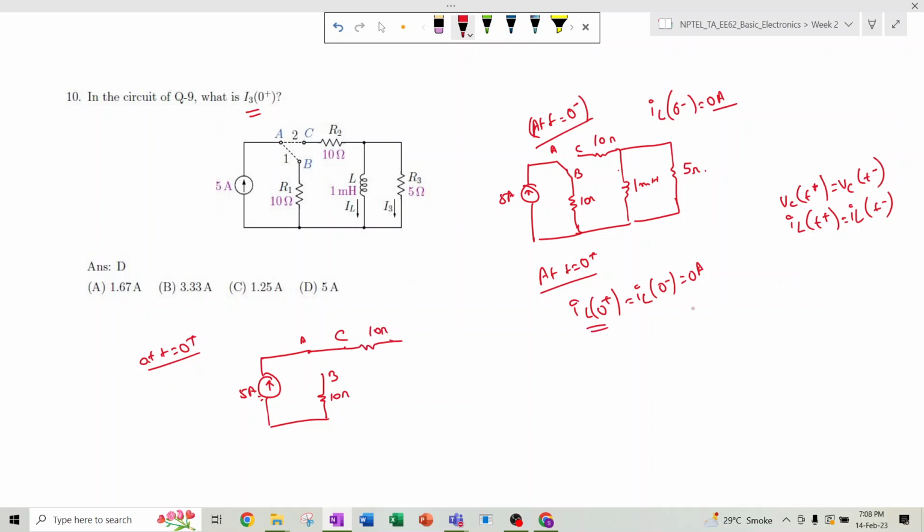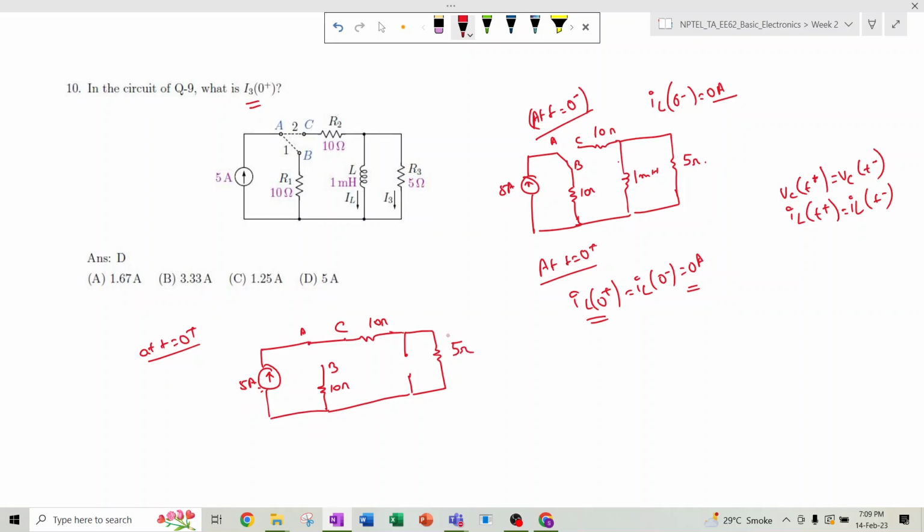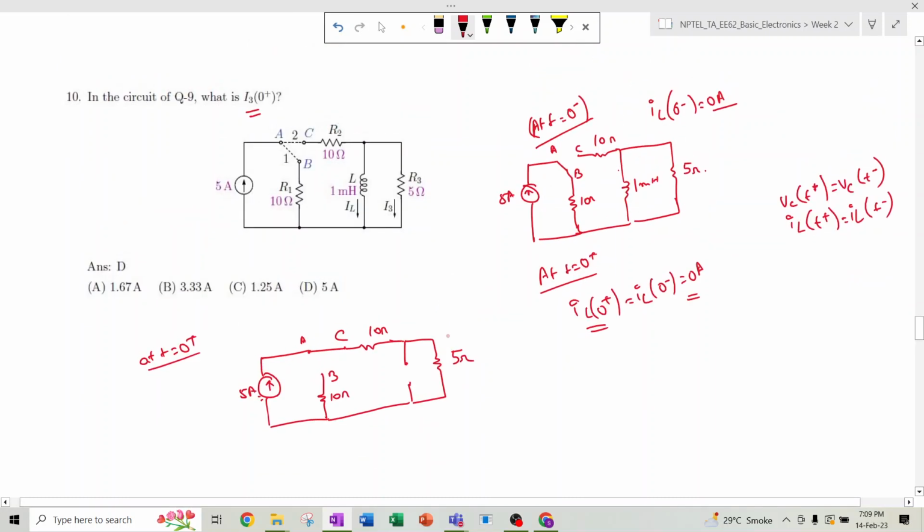Now IL 0 plus is 0 ampere, that means the current is 0. Current 0 means it will act as an open circuit, and now it has 5 ohm. So the equivalent circuit becomes this.